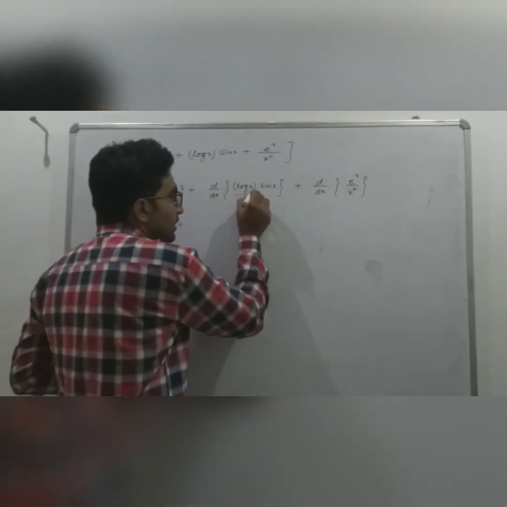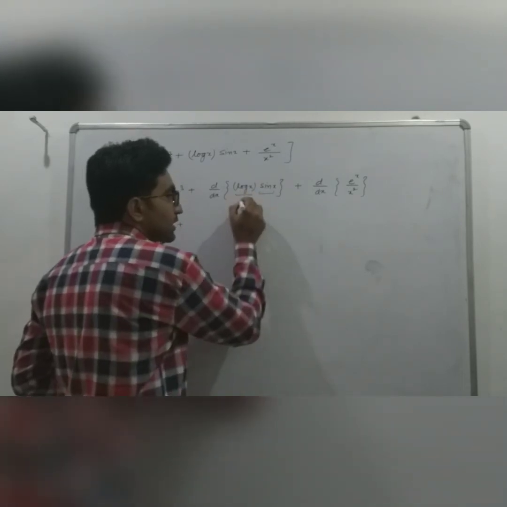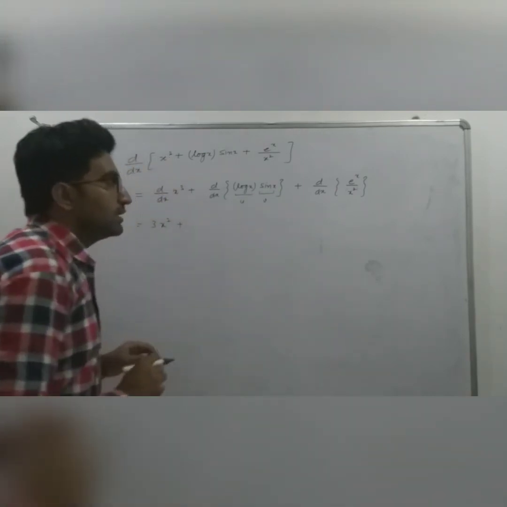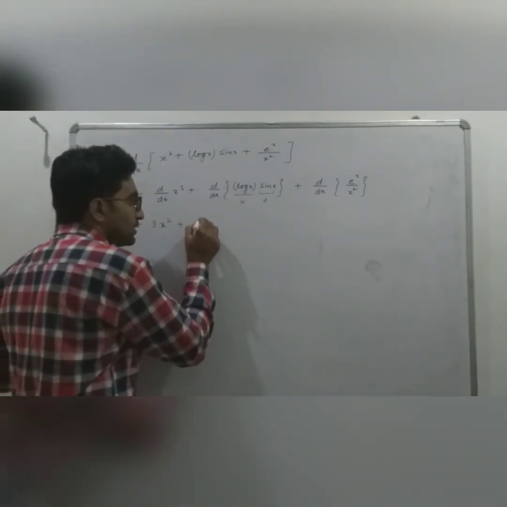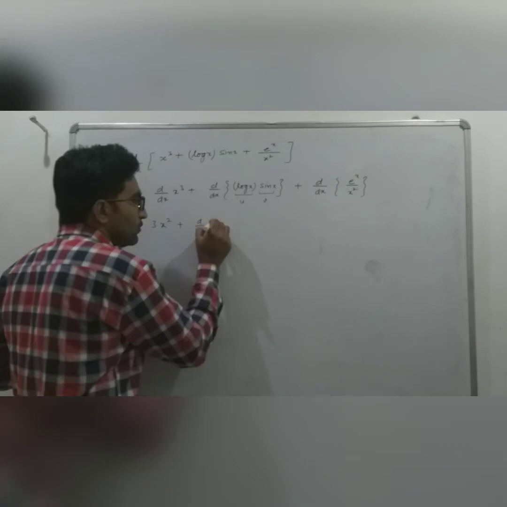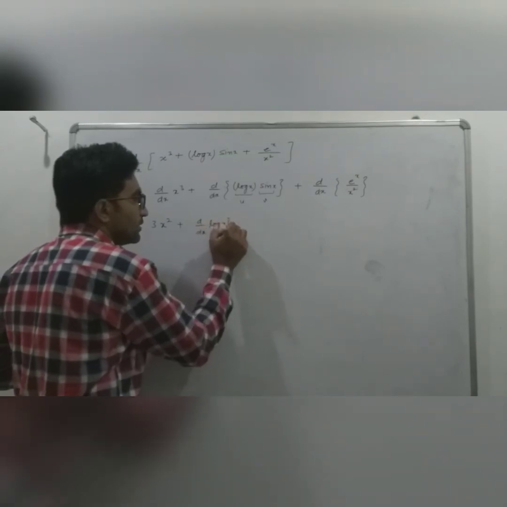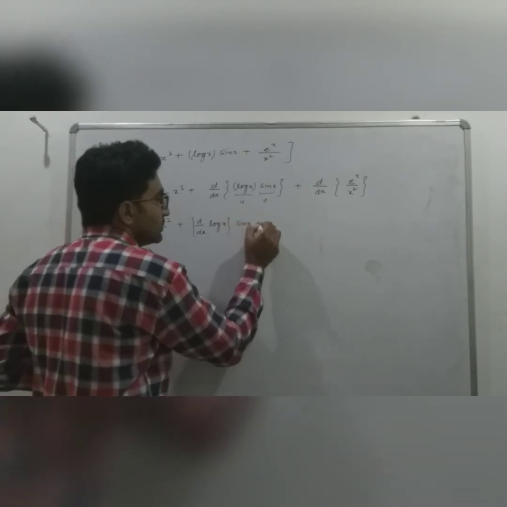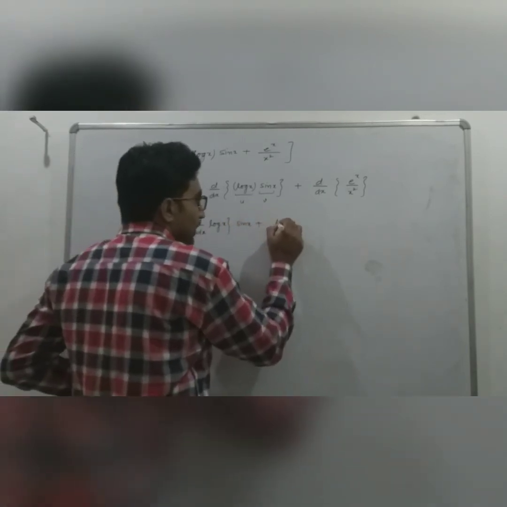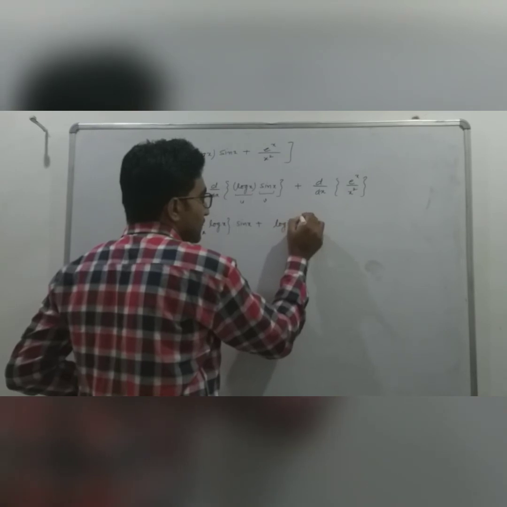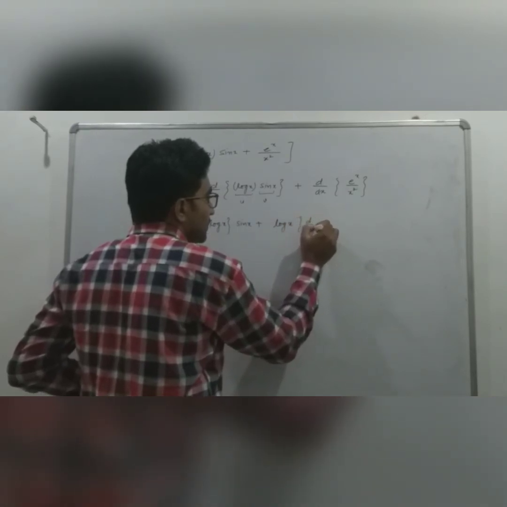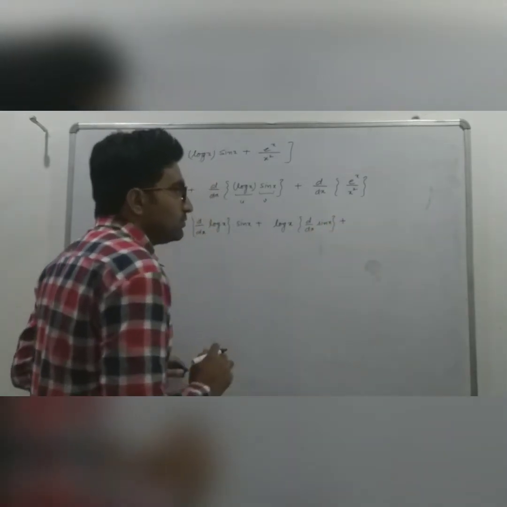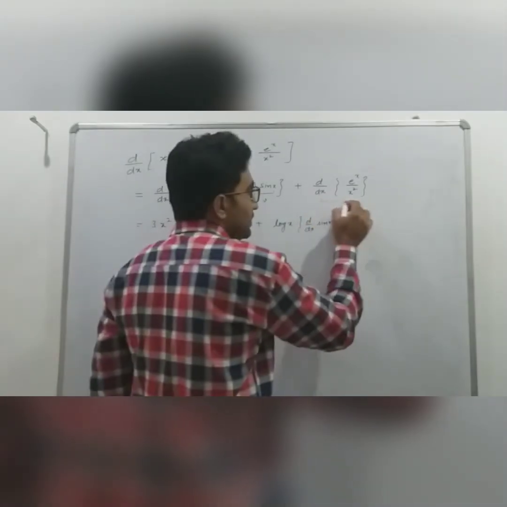Here is the multiplication of two functions. Take log x as u and sin x as v. Then the differentiation of log x into sin x as it is, plus log x as it is into the differentiation of sin x.